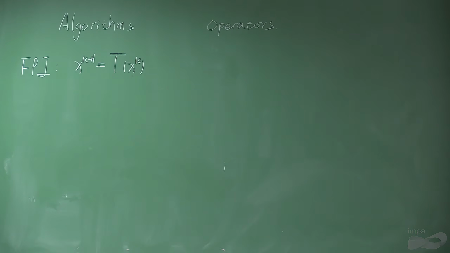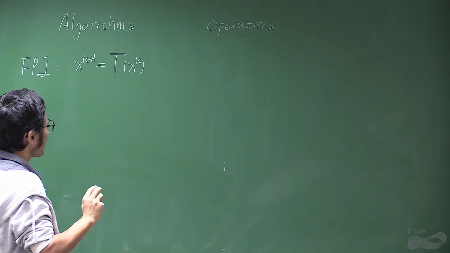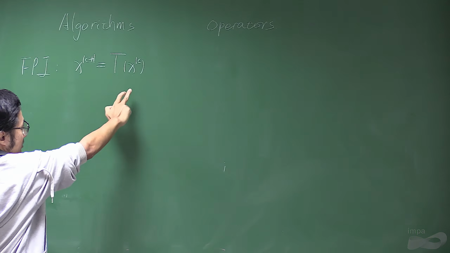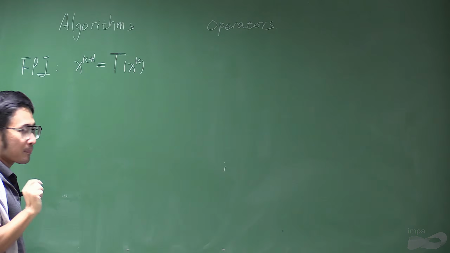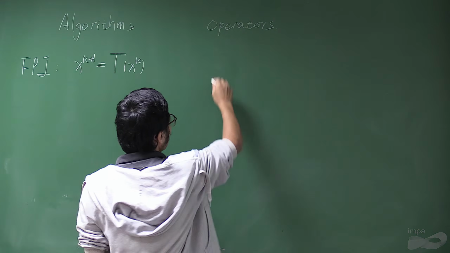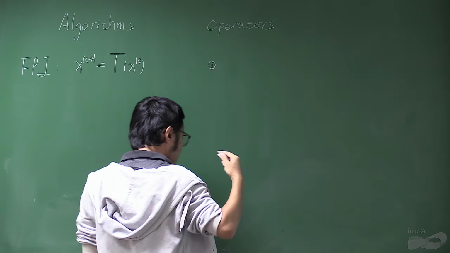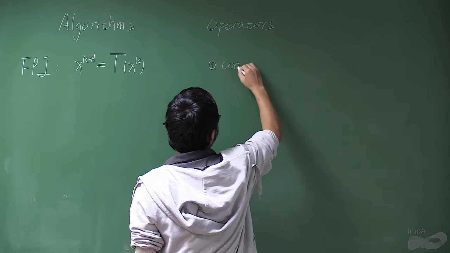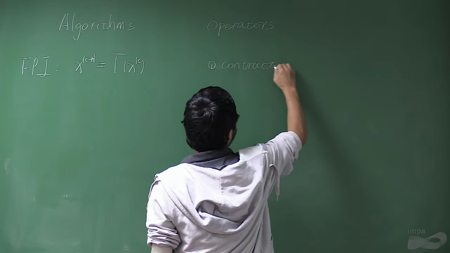When we analyze the convergence of the fixed point iteration, we need some properties of the operator. The most famous and simplest one is the contraction.